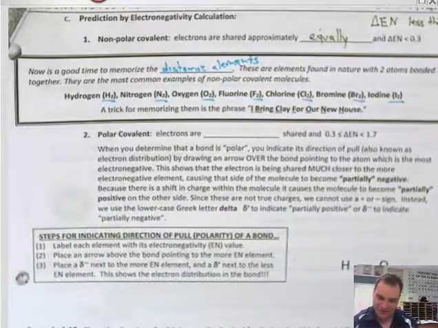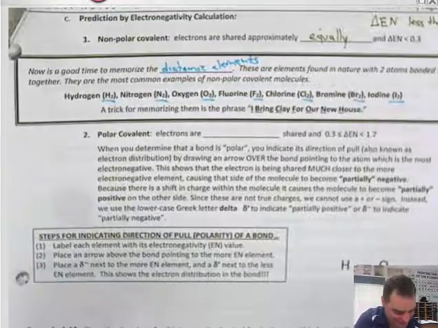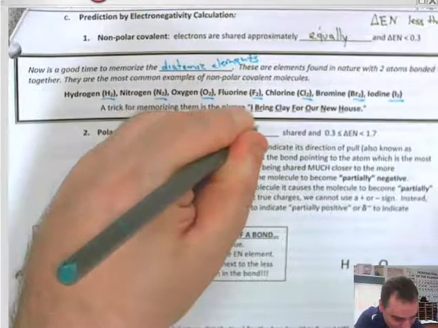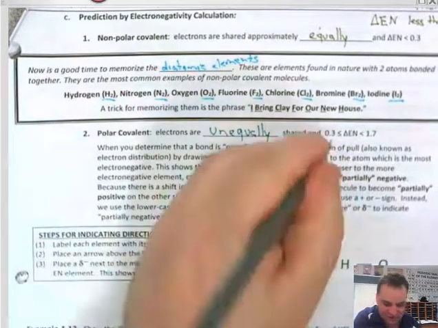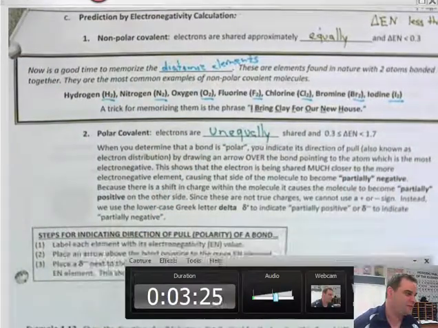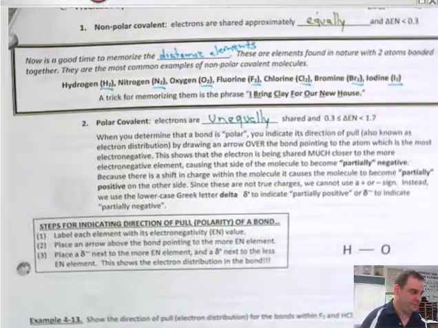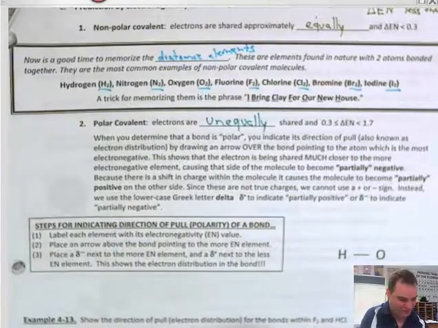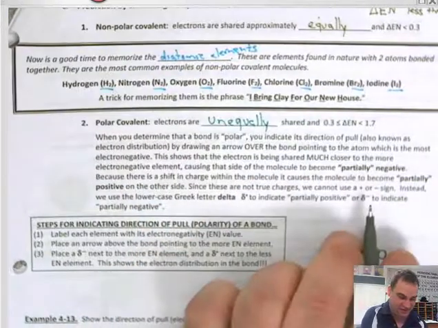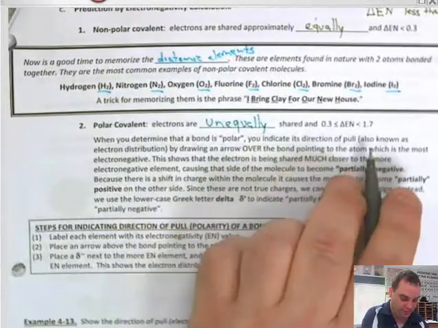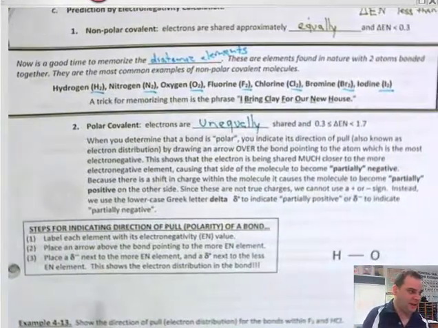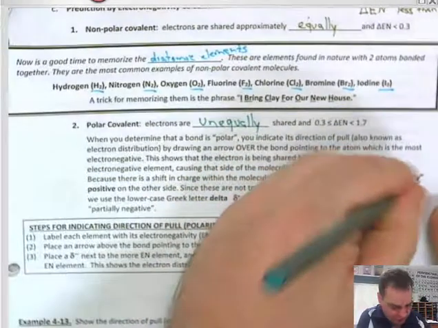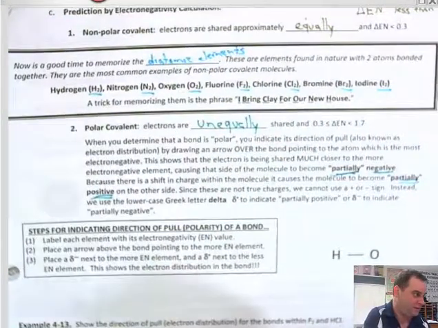Then we get to my favorite: polar, where electrons are shared unequally. There is an electronegativity difference. We're talking about polar covalent, when the electronegativity differences are between 0.3 and 1.7. You're going to have a partially negative and a partially positive side of these polar molecules.